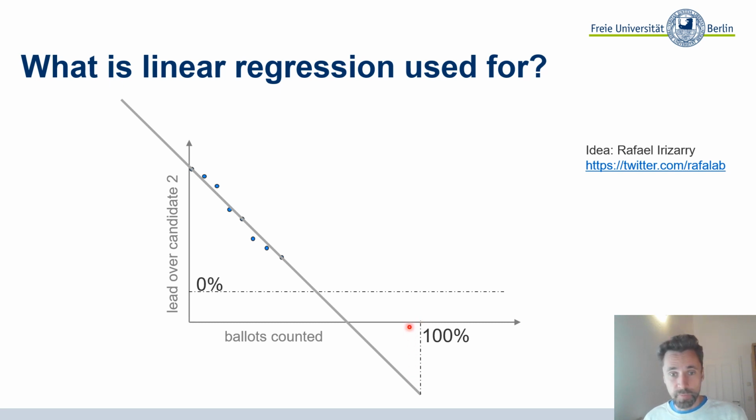And then this difference here, this y value, would be our estimate of how much the second candidate would have gained over the first candidate. And this has been done by a statistics professor at Harvard. I recommend visiting his Twitter feed. You'll find a couple of other interesting statistics plots and data.